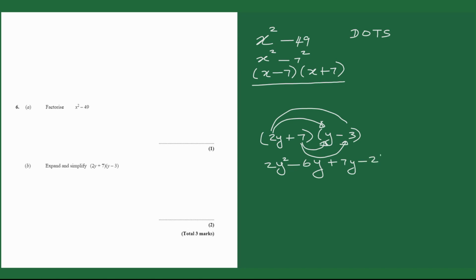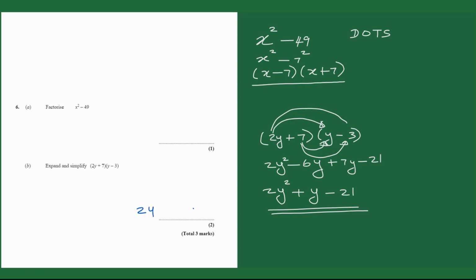And 7 times minus 3 is minus 21. Collecting like terms, so 2y squared, 7y minus 6y is positive y, minus 21. So that is our final answer.